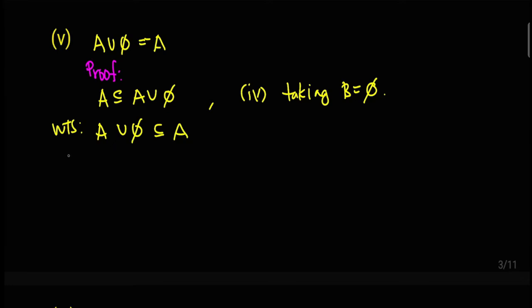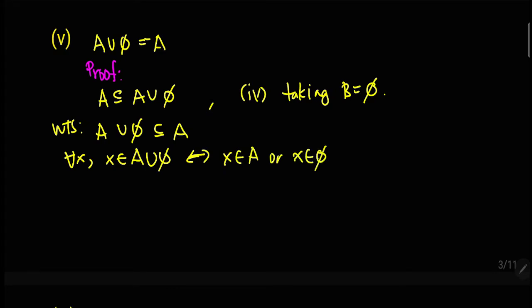So what does it mean for an x to be an element of the union? x is an element of the union if and only if, by definition, either x is in A or x is in the empty set. Now, x is in the empty set, as we all know, is a false statement because no object is in the empty set.